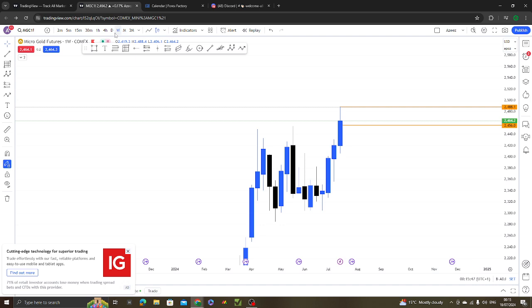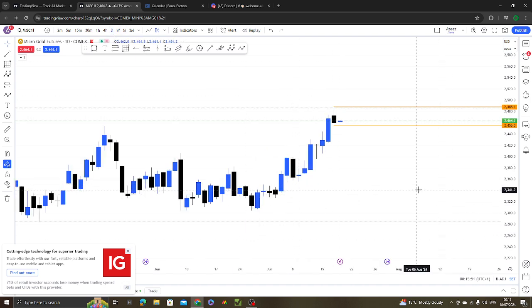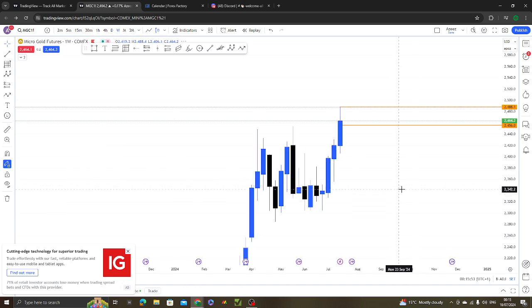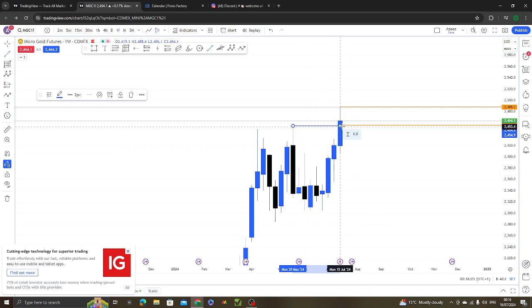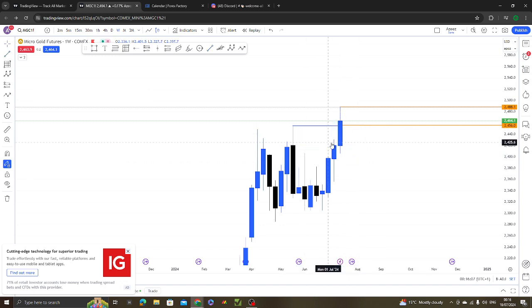So now you go to a daily time frame. Actually, no, before you go to daily time frame, you look at any buy side liquidity that the market needs to take out. So there's one there on a weekly time frame.